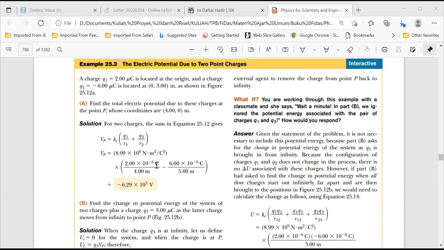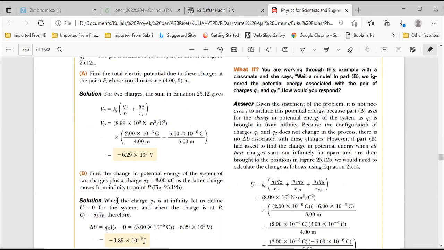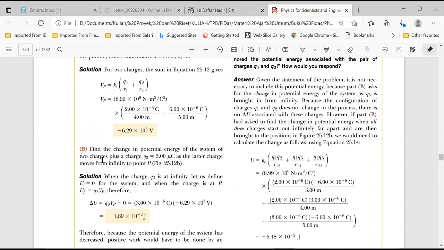Okay, so this is question A, question B. Find the change of the energy of the system if two charges plus a charge Q3, as the latter charge moves from infinity to P.